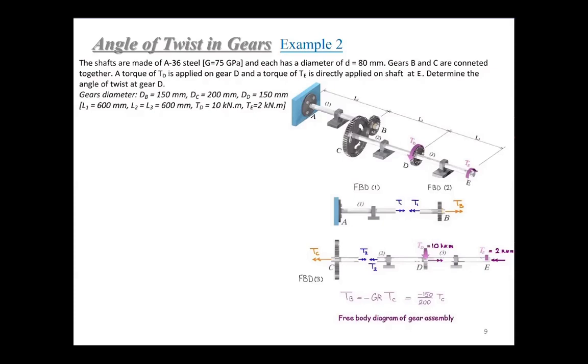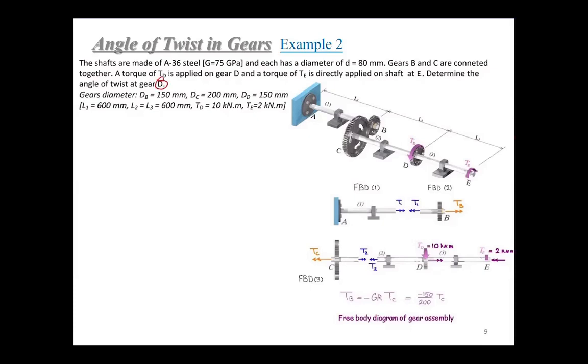G has been given, and each has a diameter of D, a constant, so the two shafts have the same diameter. Gears B and C are connected together, a torque of TD is applied on gear D, and the torque TE is directly applied to the shaft at E. We determine the angle of twist at D, not at the end E.